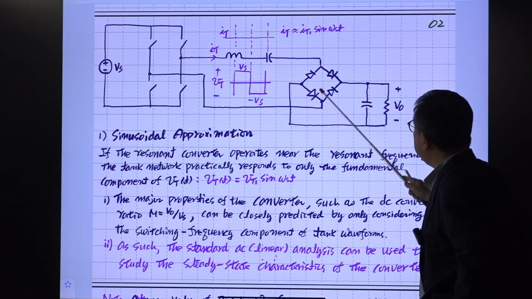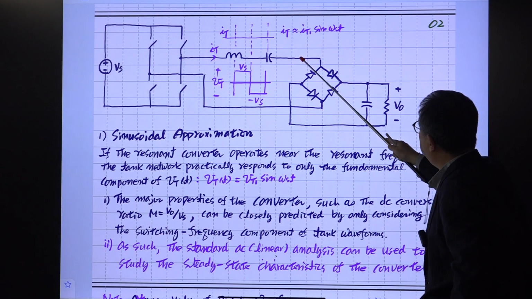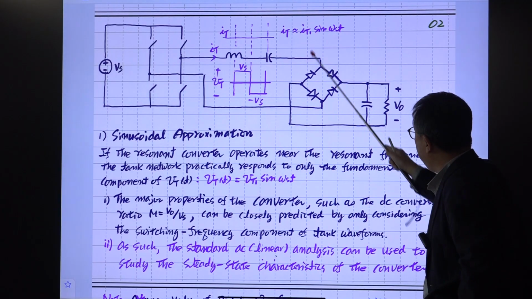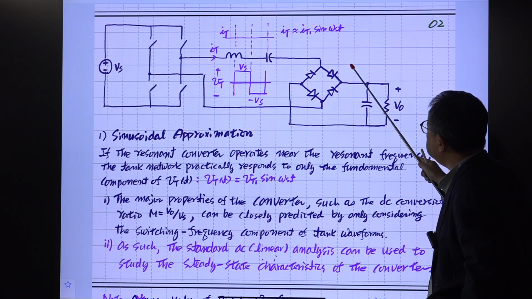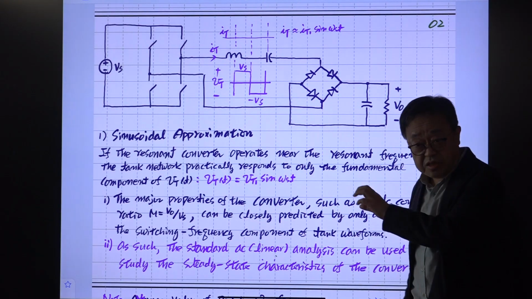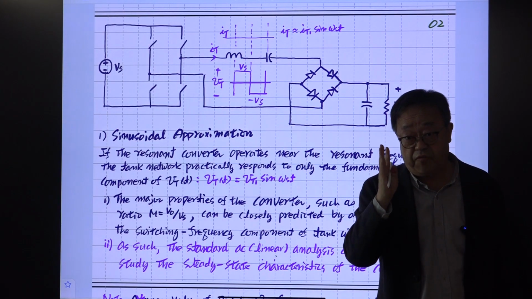And with this structure, this current rectification, this is the voltage source. The output voltage appearing here is what? The square wave, the same shape of square wave. So we consider only the fundamental component of this. Then every waveform of our interest in this tank region is a sinusoidal wave at the fundamental frequency.